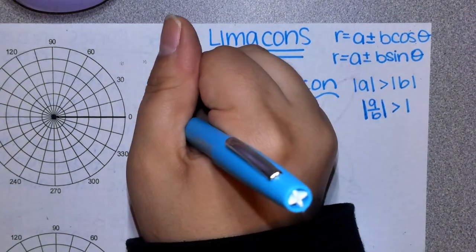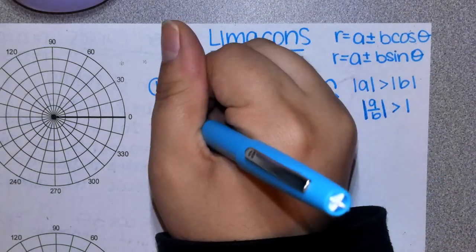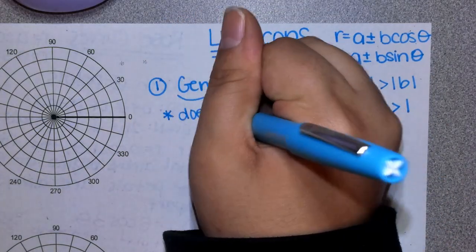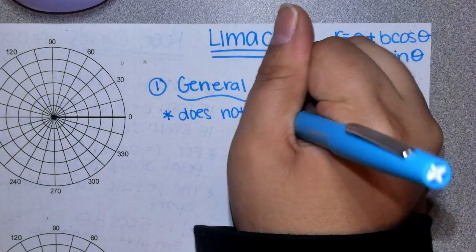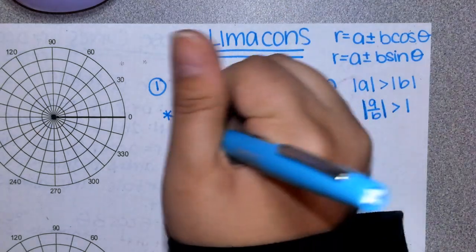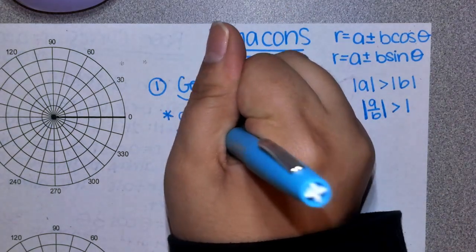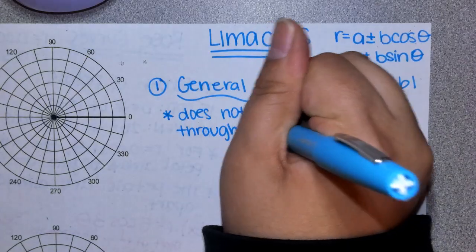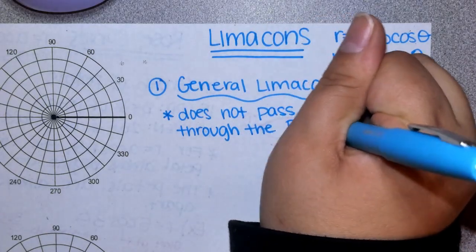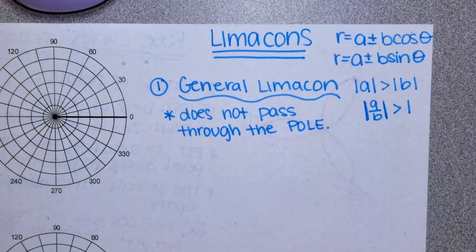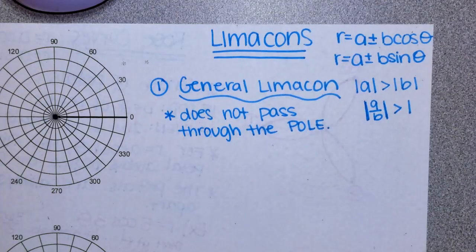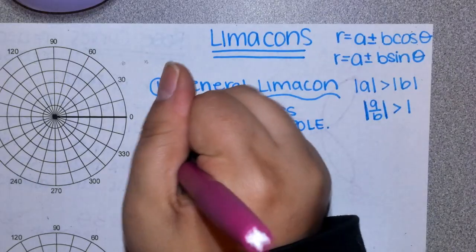What is special about the general limacon is it does not pass through the pole. The general limacon is the only limacon that does not pass through the pole. Write this down with me, please.